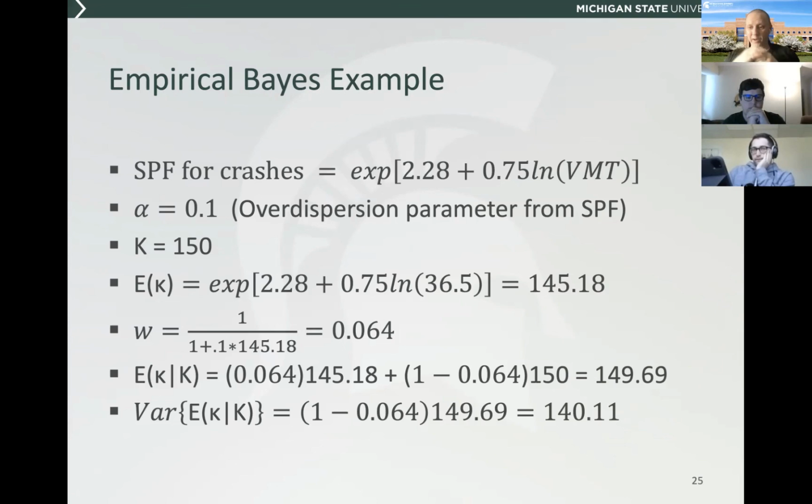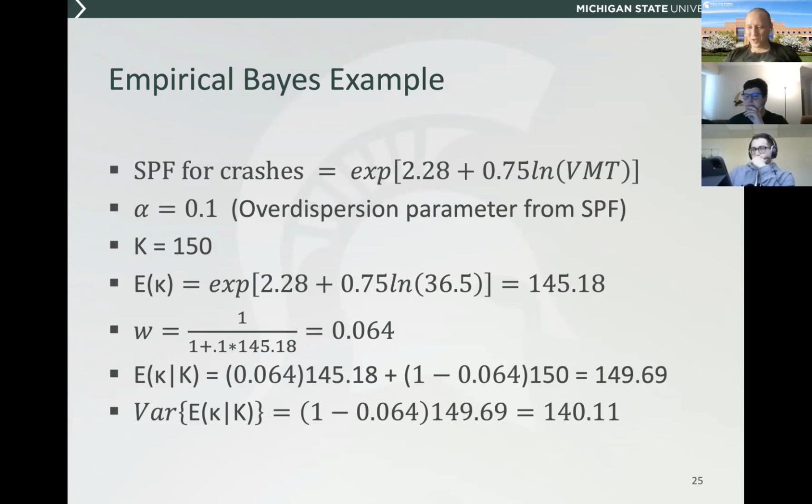But as we narrow in to a more narrow range of analysis, we tend to see larger weighting factors applied to that regression equation, okay? So in this case, it's almost as if we've done a whole lot of additional work for not a lot of benefit, because that 150 is basically just reduced down to 149.69.